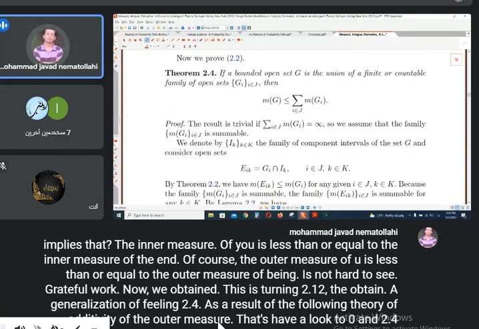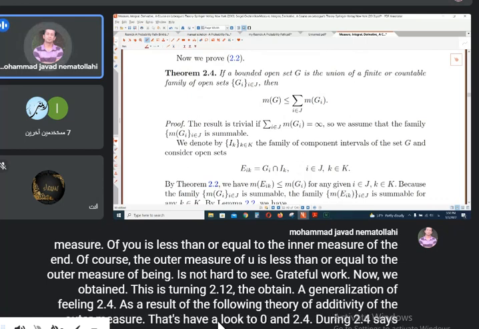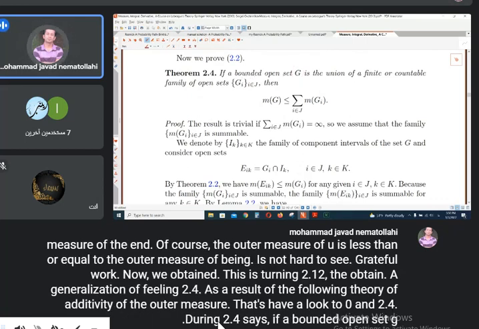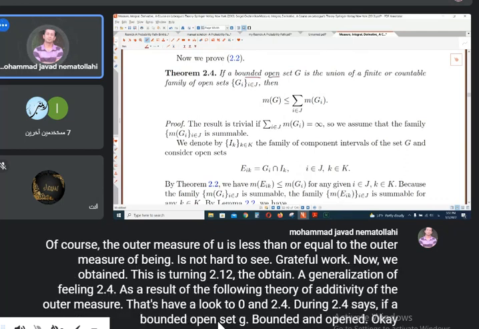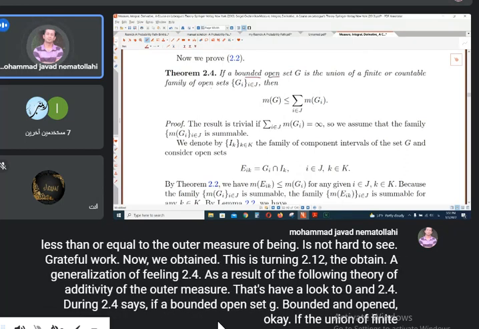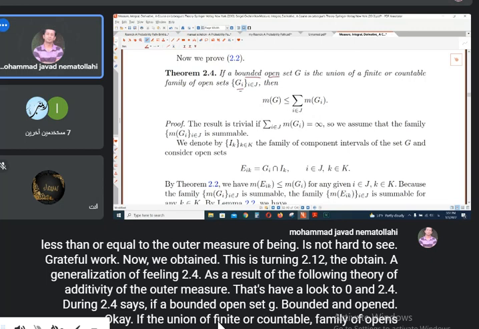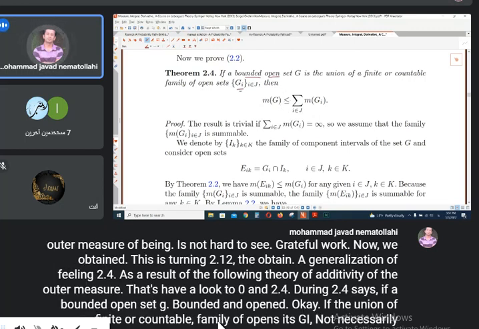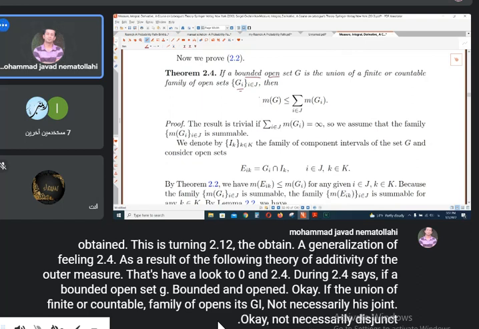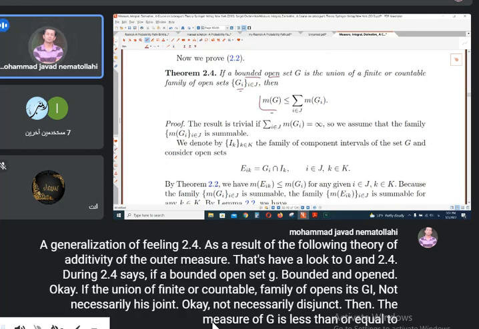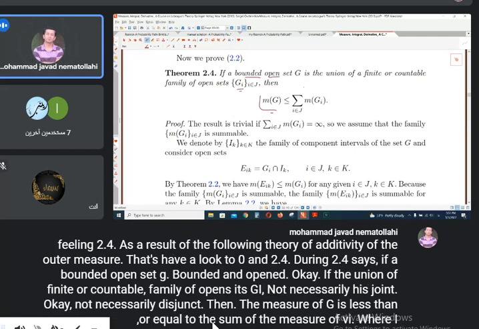It says if a bounded open set G is the union of a finite or countable family of open sets Gi, not necessarily disjoint, then the measure of G is less than or equal to the sum of the measure of Gi, where i belongs to the index set J.